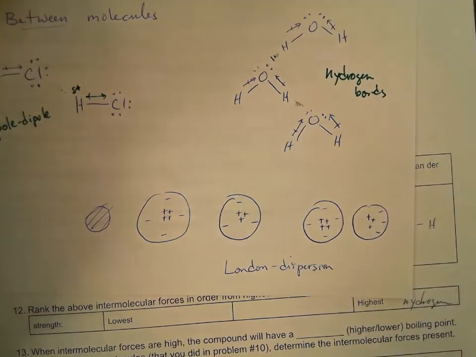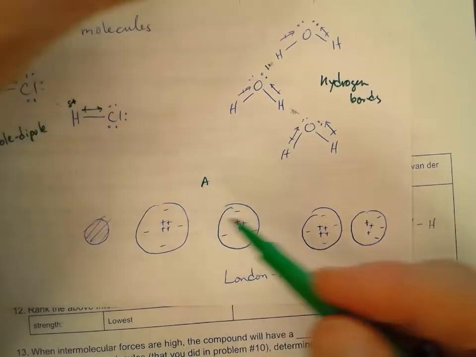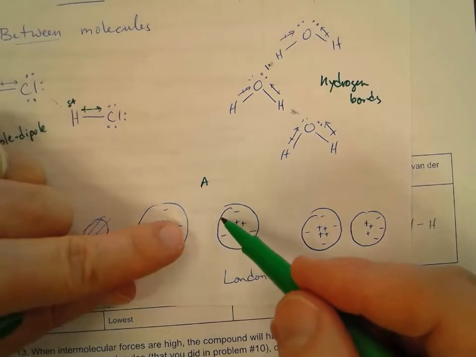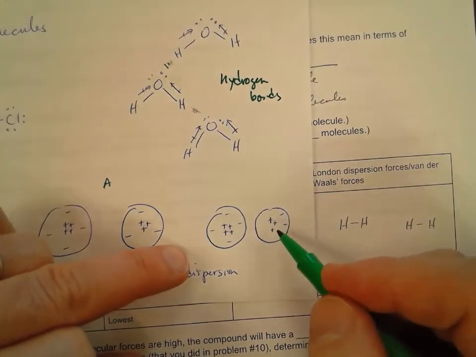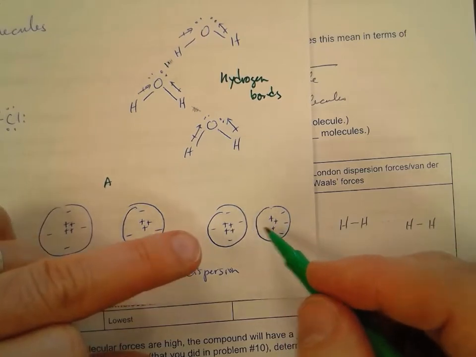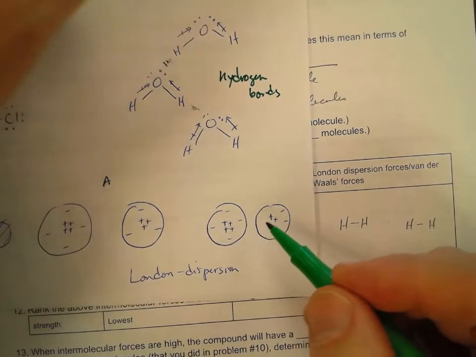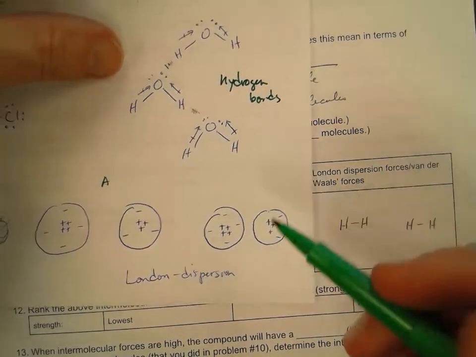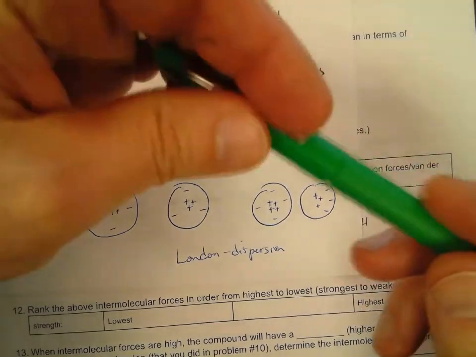And the way they form is, if this is situation A, can you see how when this one starts to get closer, the electrons don't want to be near each other, and so then they might move over here. And when they move over there, then we're going to have a little bit of a positive-negative attraction here. And it only exists for a split second. But it is a small attraction nonetheless. We call that a London dispersion force.